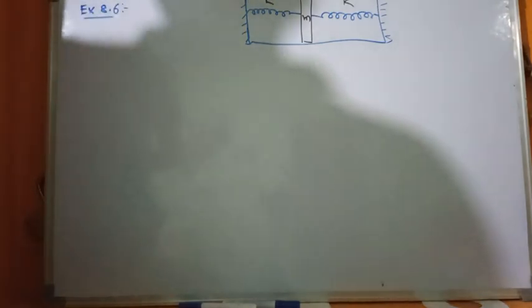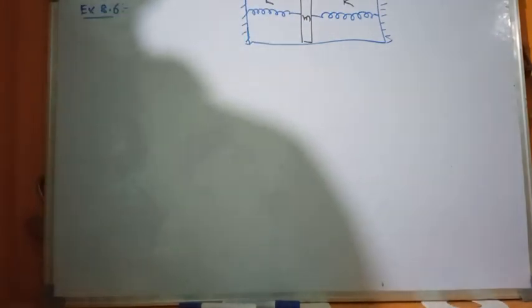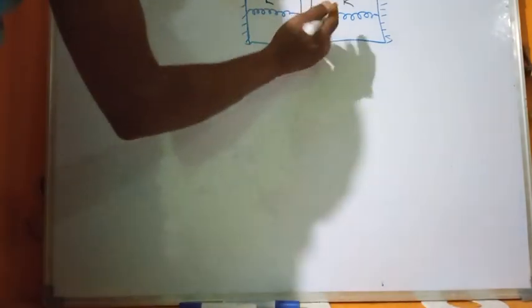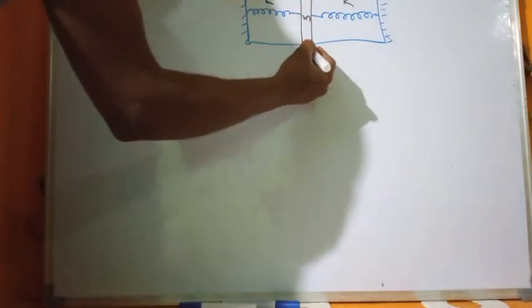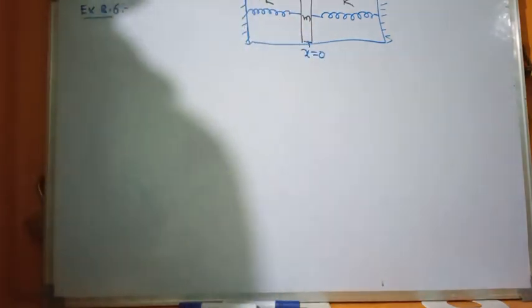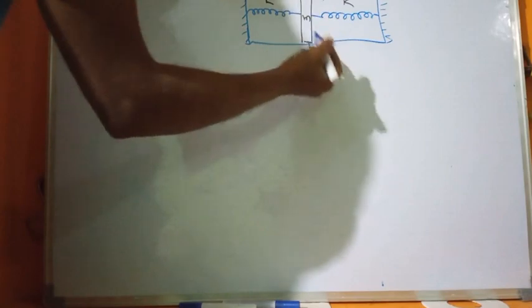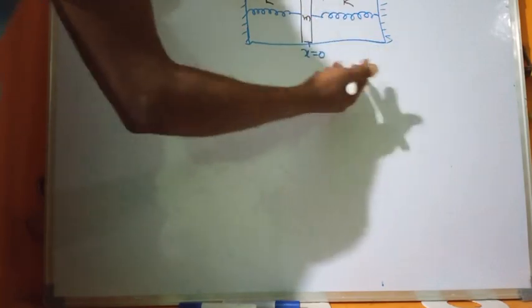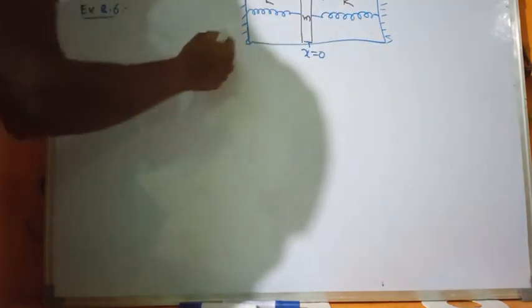Now, when this block is in equilibrium position, x is equal to 0. Then we apply some external force F. We take the block to one side, maybe this side or maybe this side.